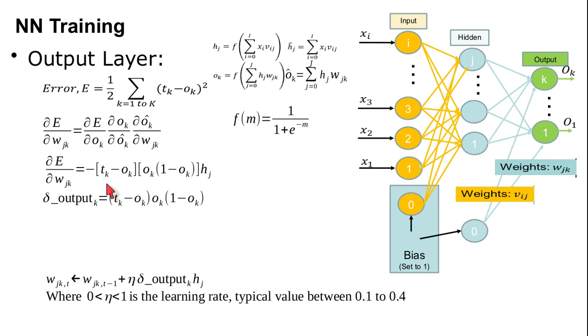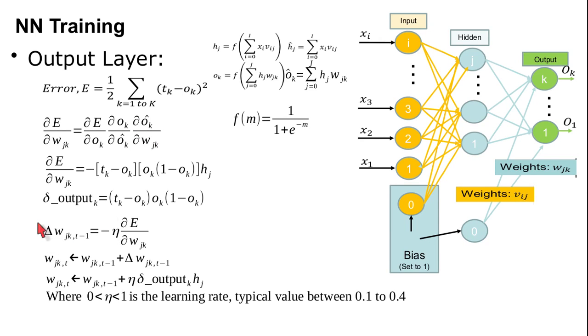So this portion comes from partial derivative of the error value with respect to Ok. This part comes from partial derivative of Ok with respect to Ok hat. And Hj comes from partial derivative of Ok hat with respect to the weight Wjk.